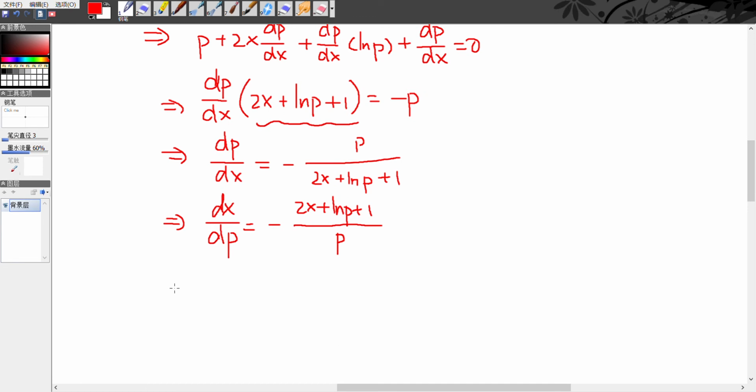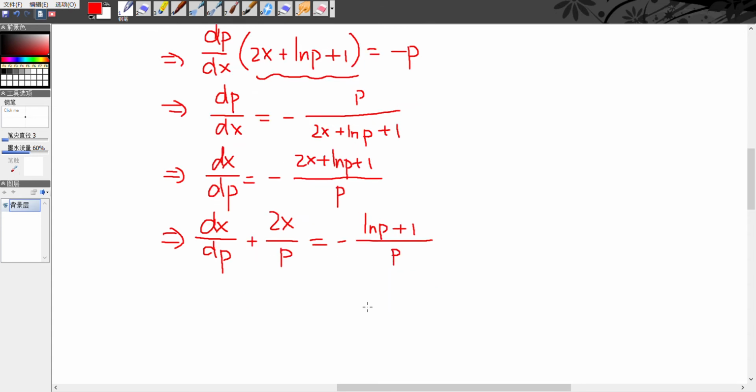We move all x to the left hand side and leave all p terms on the right hand side: dx by dp plus 2x divided by p is equal to negative (ln p plus 1) over p.